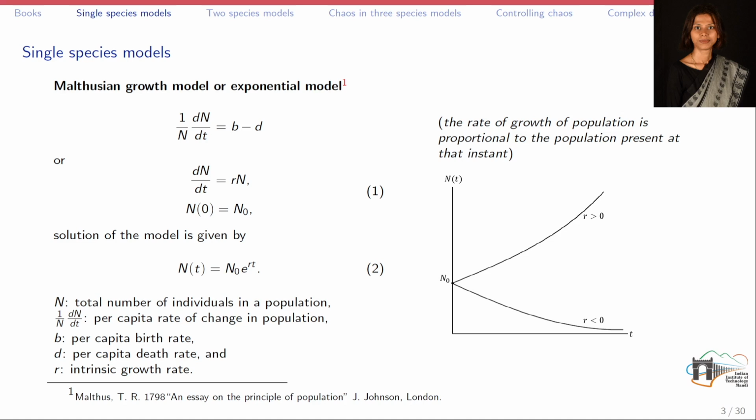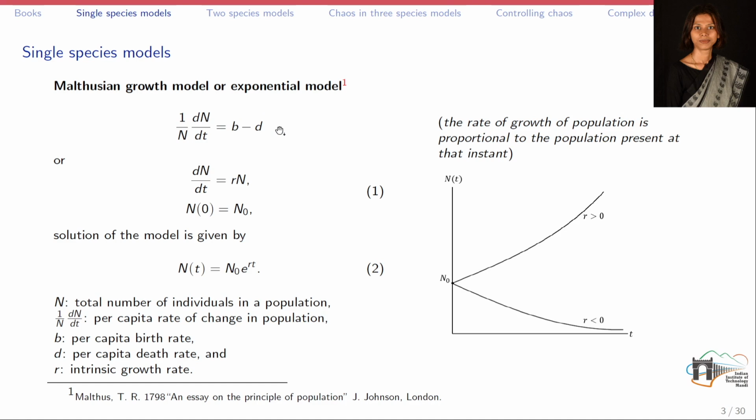In this model, n is the population density. So the number of individuals in any population is its population density. It is denoted by n here. Malthus modeled this population density with this equation: 1/n dn/dt = b - d.